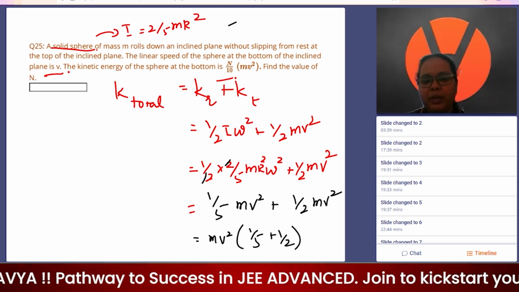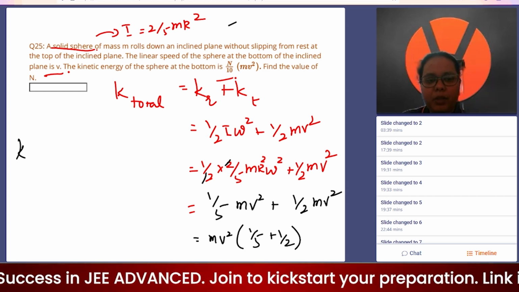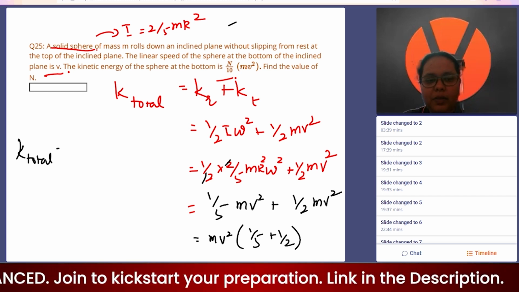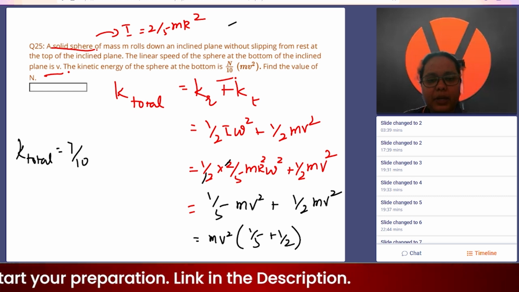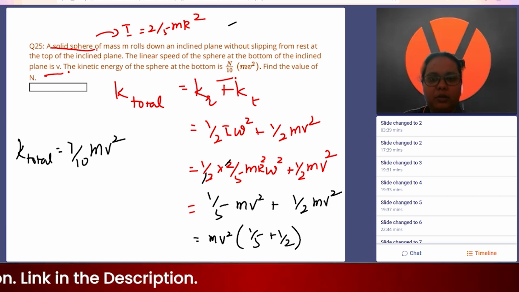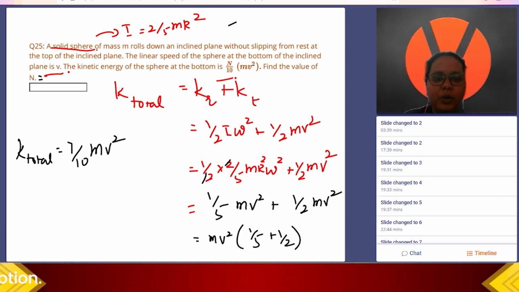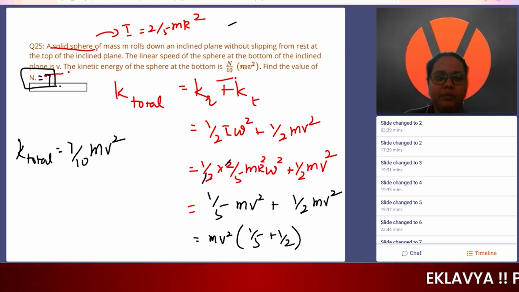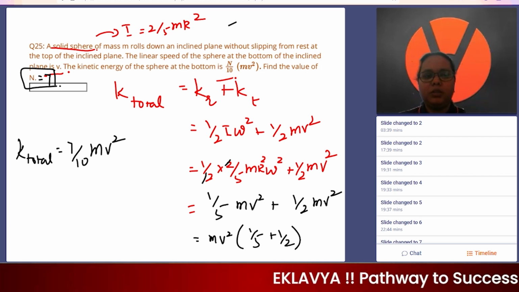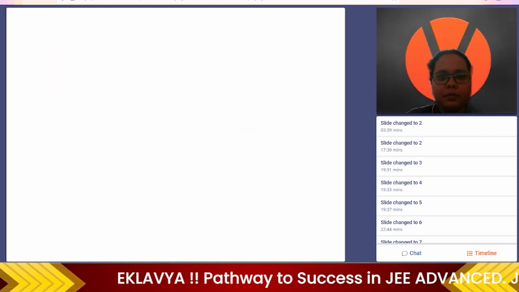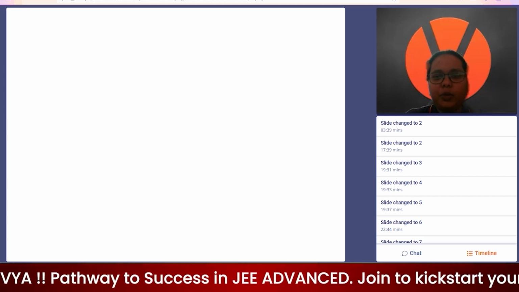After taking the LCM, now what you will get? The total kinetic energy is equal to 7 by 10 m v square. So the value of n is going to be 7. Thank you.